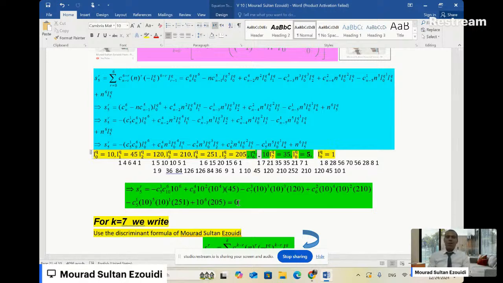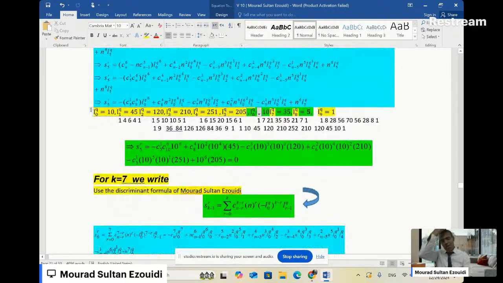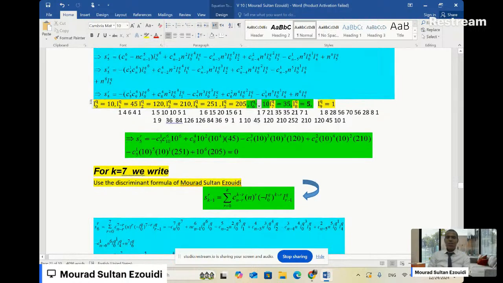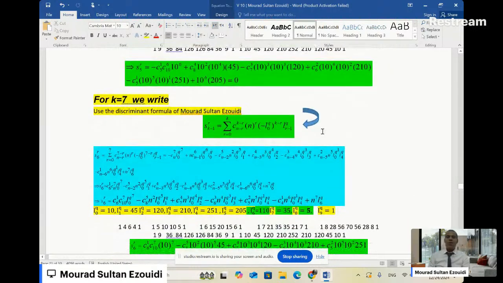Now I will proceed. So we now obtain only two coefficients which are different from 0, and the rest are 0 after this calculation. Now we continue to find S6, put k equals 7 in this formula of mine.